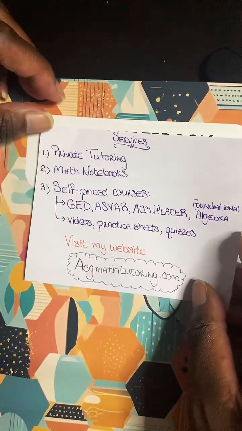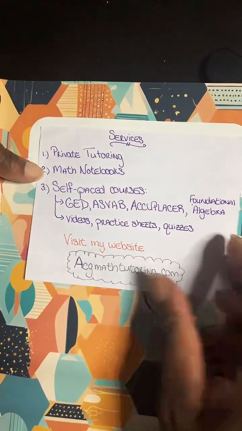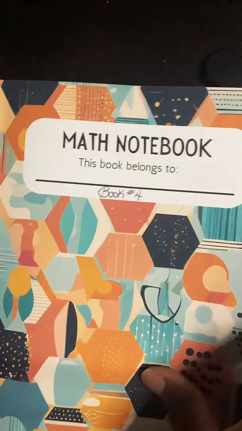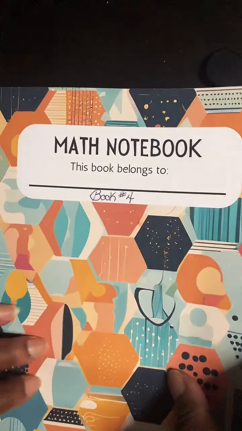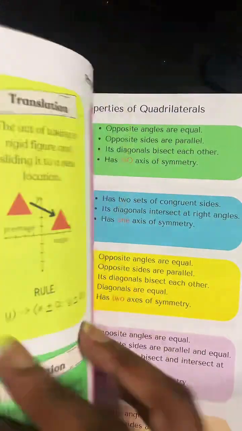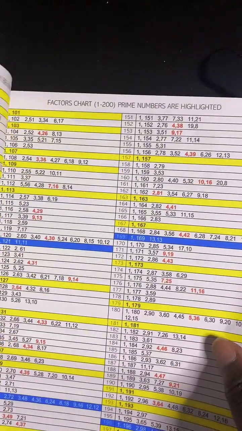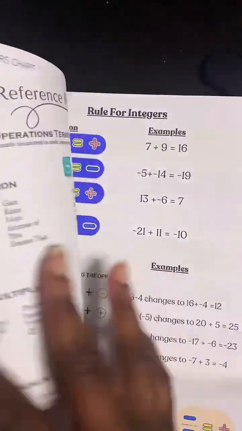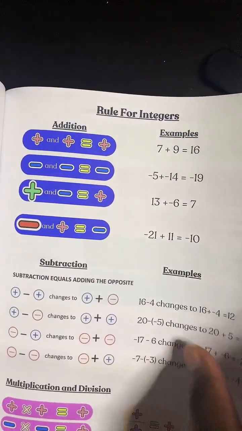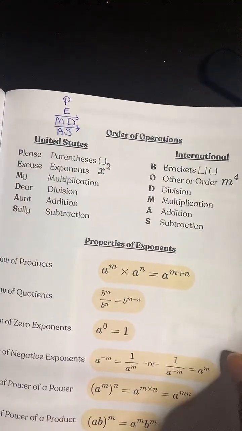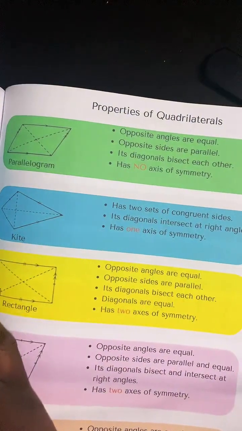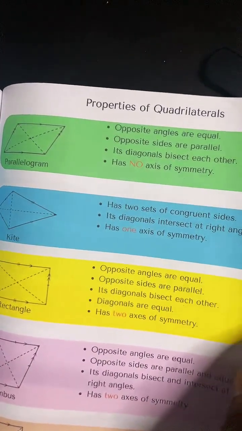So if you're even thinking private tutoring, my math notebooks, this notebook I actually designed, this and a couple other covers. The one thing that's different is that on the back I have resources you can use for your classes. This book is designed for grades 7th grade all the way up to adults.